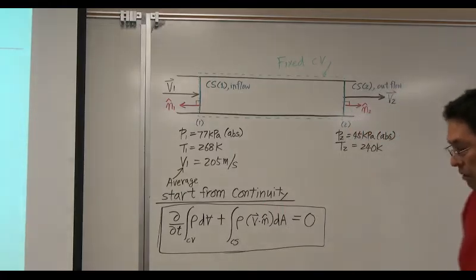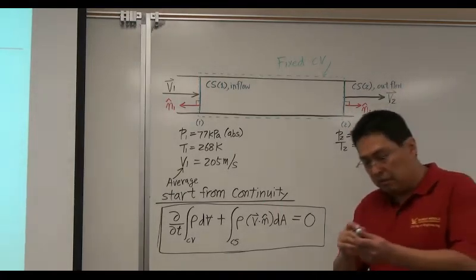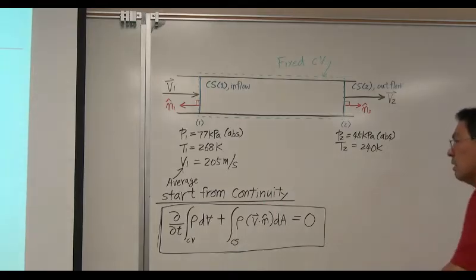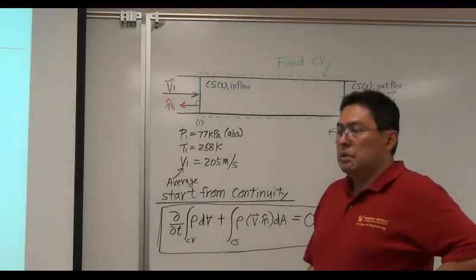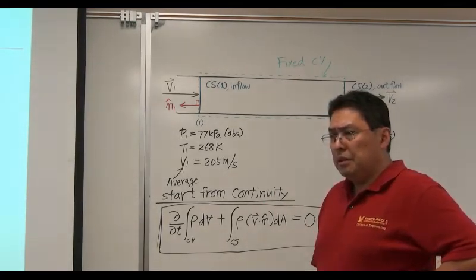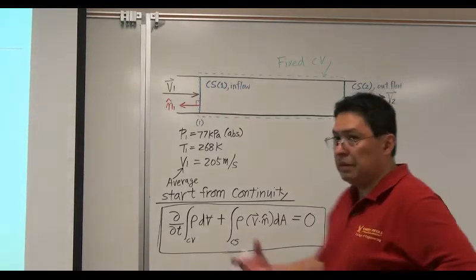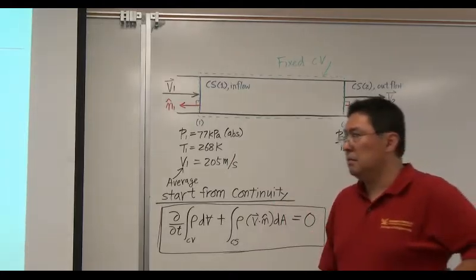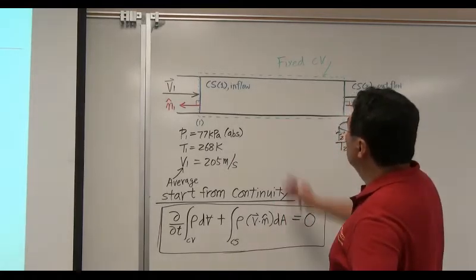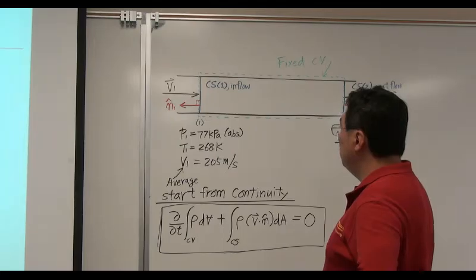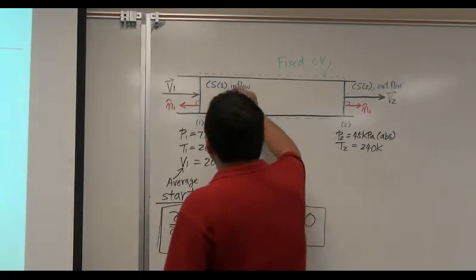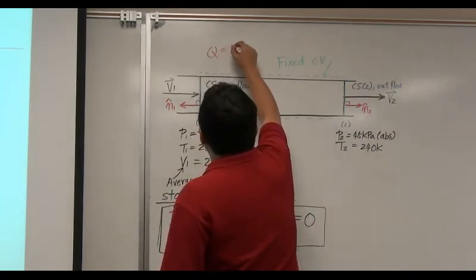Okay, so this is a very, very important warning for you. I guess this is coming from Unit C, but you may have an idea, which is a false idea, I have to say. Well, continuity says Q is constant.